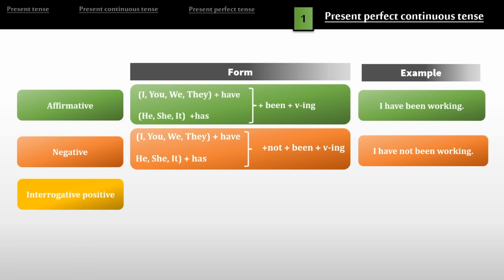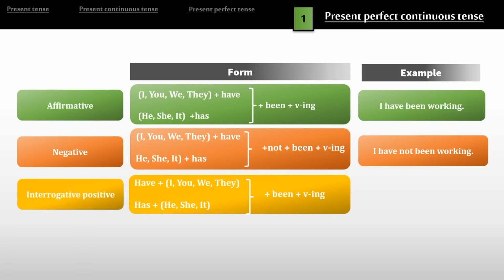Interrogative positive. Have plus I, you, we, or they plus been plus verb ing, and has plus he, she, or it plus been plus verb ing. Example: have I been working?